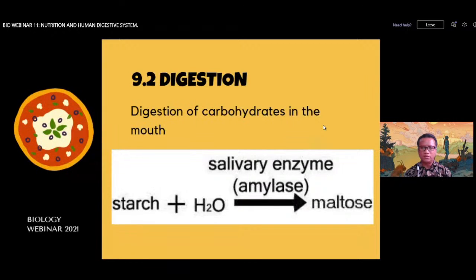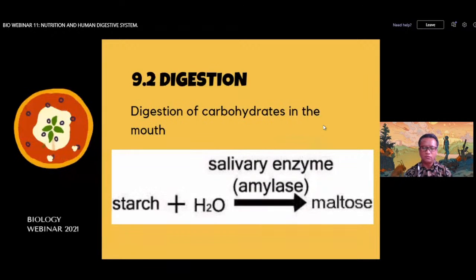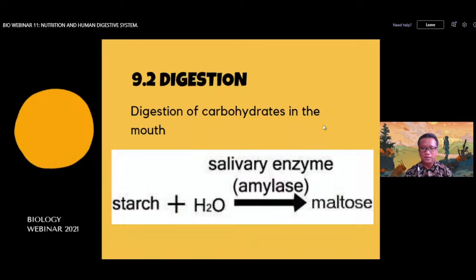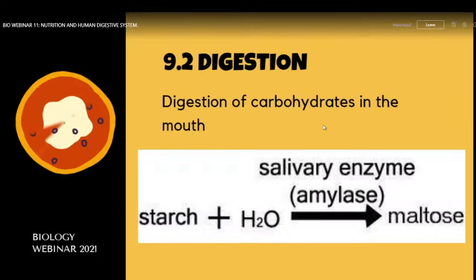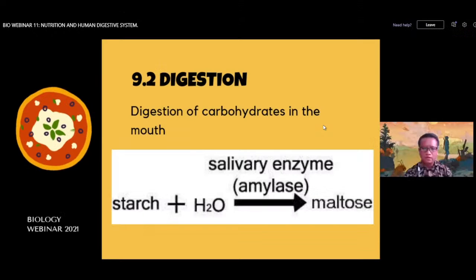We have monosaccharide, disaccharide, and polysaccharide. Maltose belongs to the disaccharide, meaning that the starch, which belongs to the polysaccharide, starts to be simplified into the next level, the disaccharide. This is helped by the amylase enzyme.